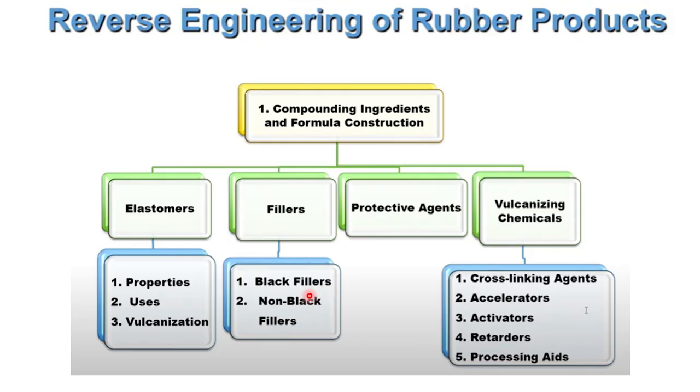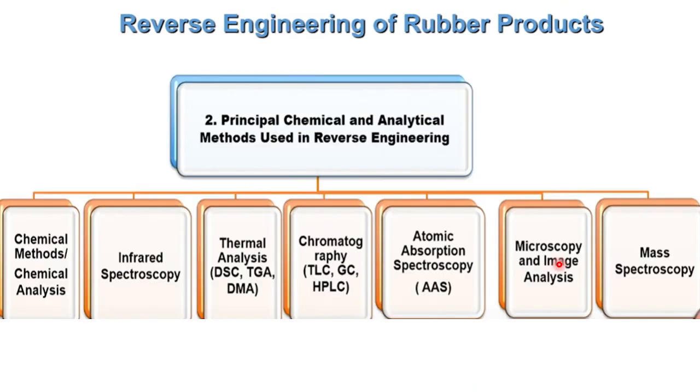For example, carbon black, that is black filler, and silica, those are non-black type of filler. Vulcanizing chemical or curing chemical, where sulfur is used, accelerator, activator, retarder, processing agent, and also different cross-linking agents, for example, whether it is sulfur or peroxide. So these are the broad agenda to do the reverse engineering to know what the different components are.